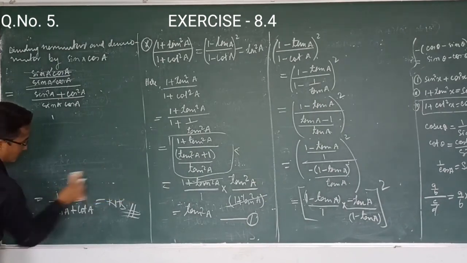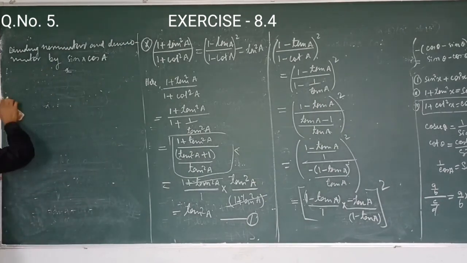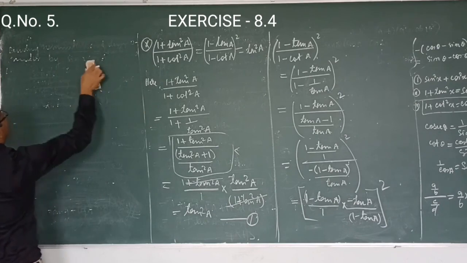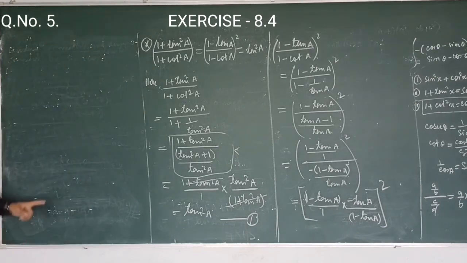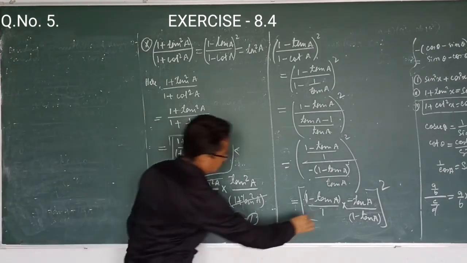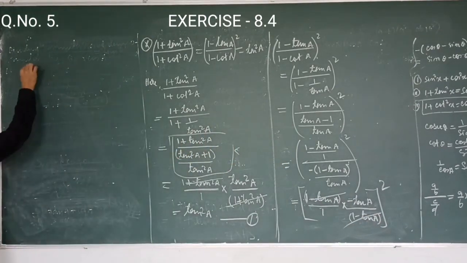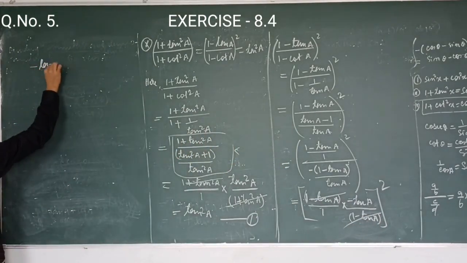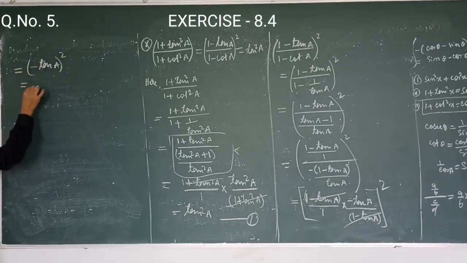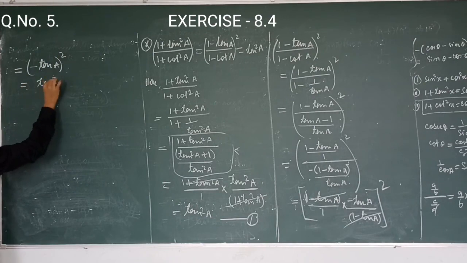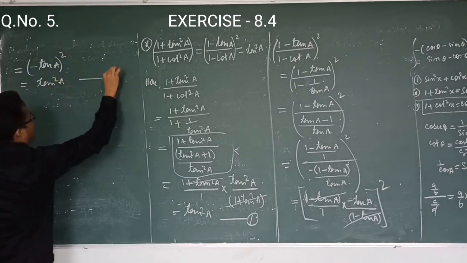Here I am solving the last part. Now this (1 − tan A) is going to be cancelled. What remains? (−tan A) whole square, which is equal to tan²A. This is equation number 2.